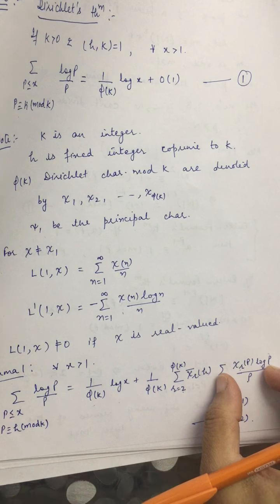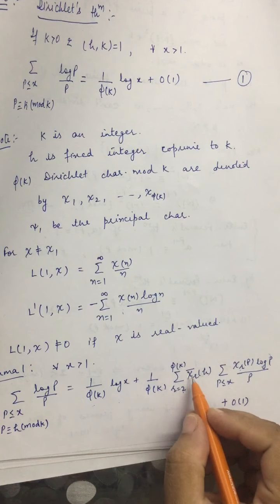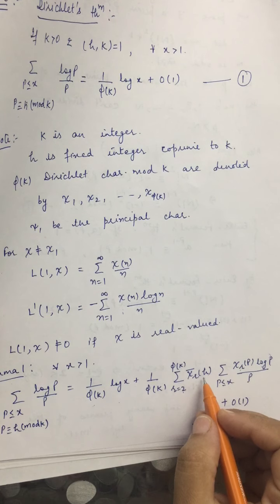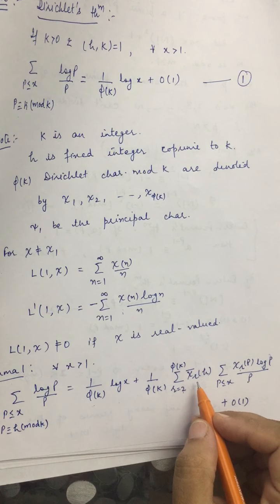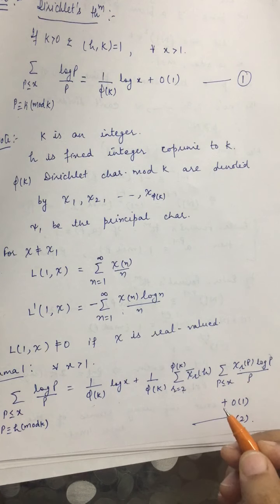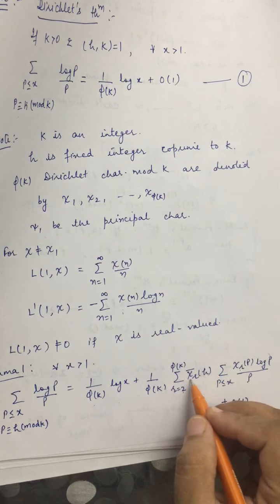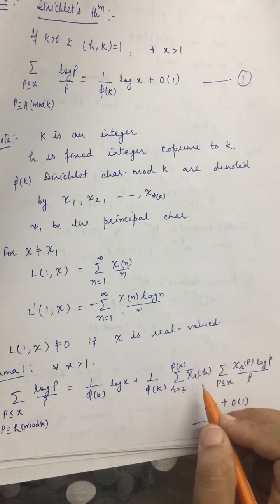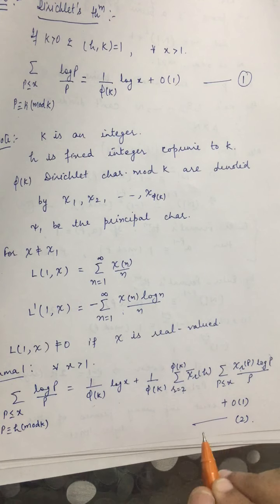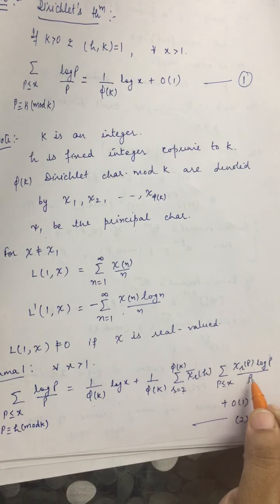If this is equal to order of 1, then we know chi r bar at h is either 0 or a root of unity, because Dirichlet characters take values which are roots of unity. So the modulus of chi r bar h is either 0 or 1, so it is always less than or equal to 1. And secondly, this term is order of 1.